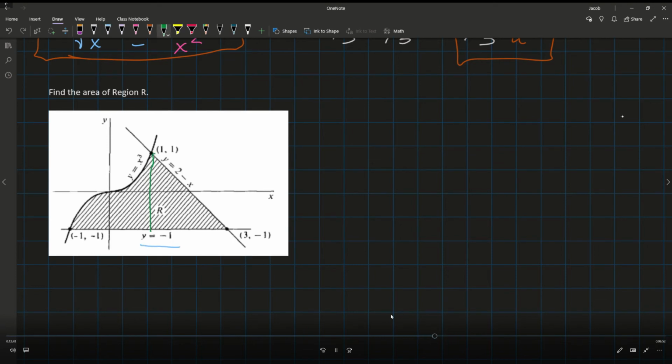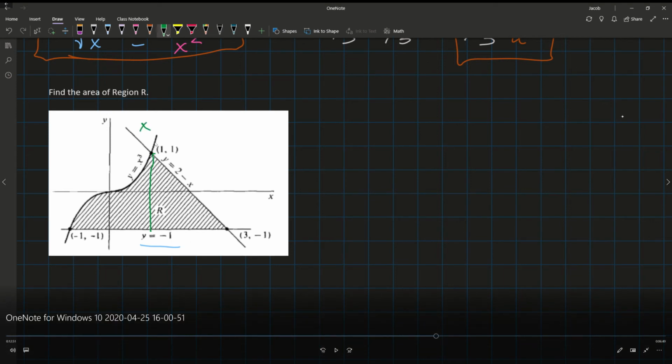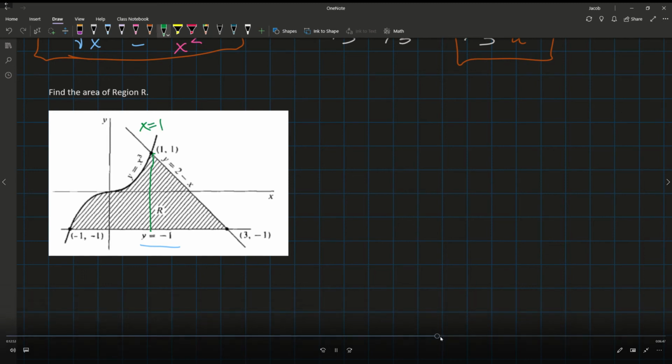So you can see that the left function, this cubic, is bound, like it makes an area between itself and the line, and then this triangular section makes an area between its line, like the sloped line, and then the horizontal line. So I'm actually going to draw these pieces separately just to get an idea of what the regions are like.